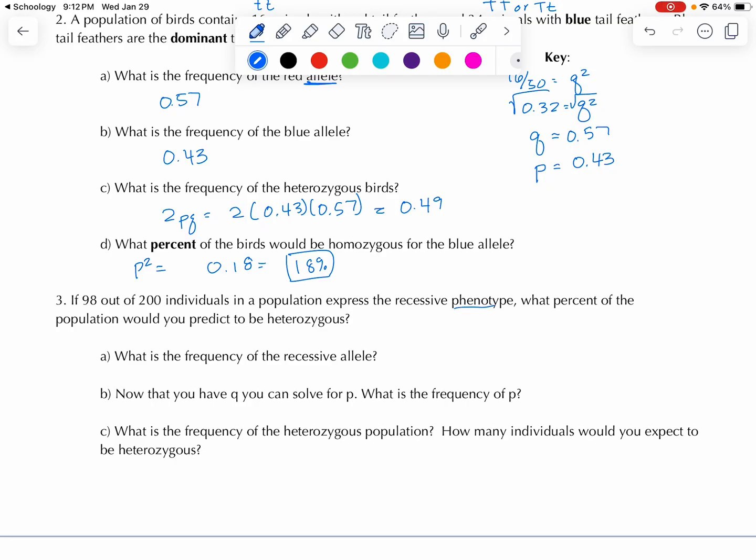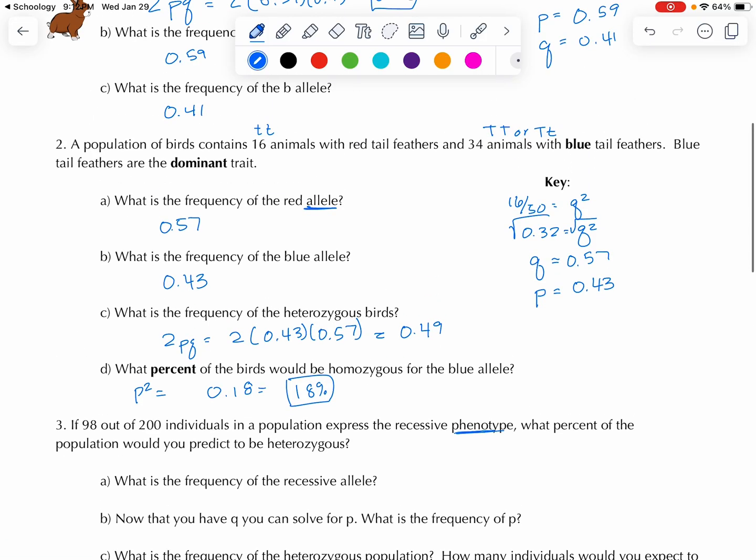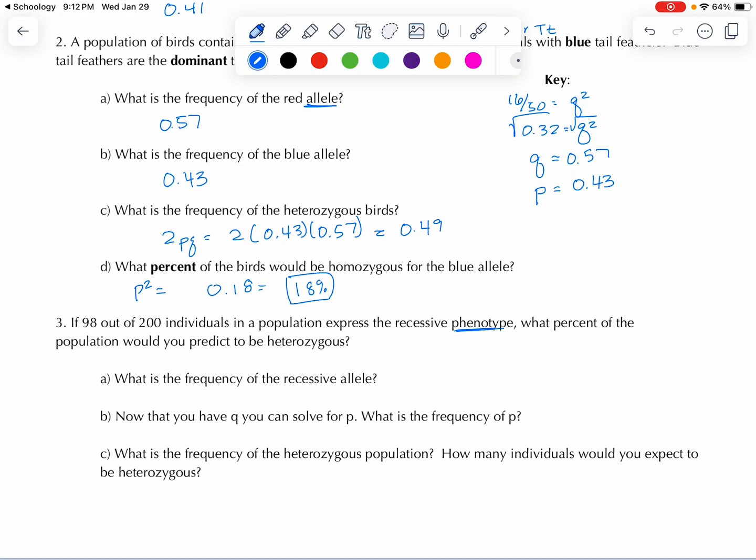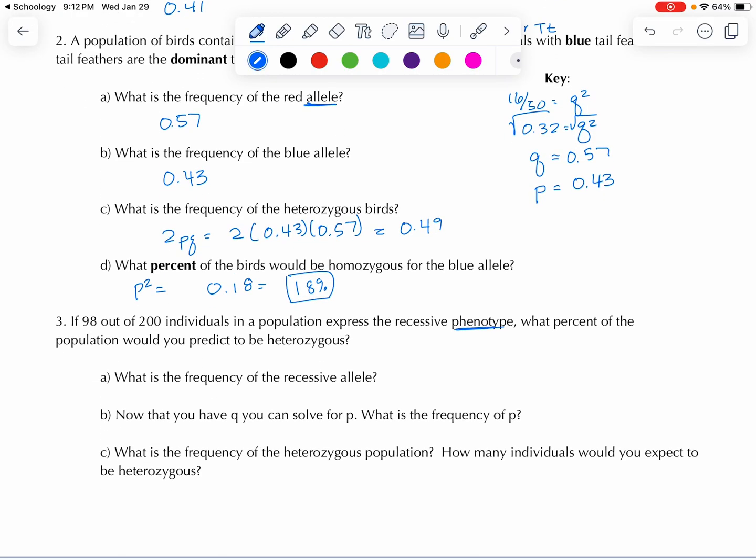Phenotype means what we see on the outside, so kind of like the red tail feathers up here. The recessive phenotype is going to be homozygous recessive. So 98 out of 200 is equal to q squared.